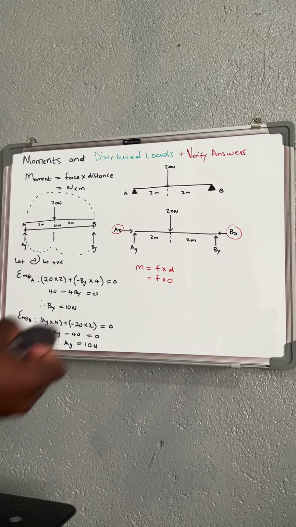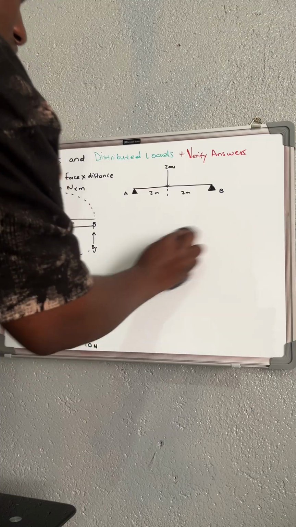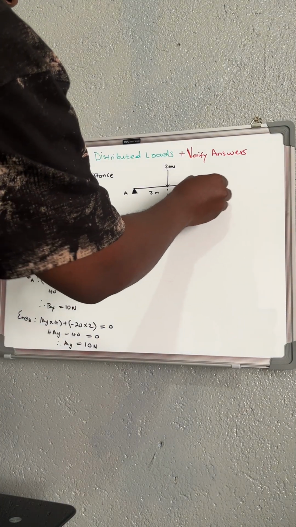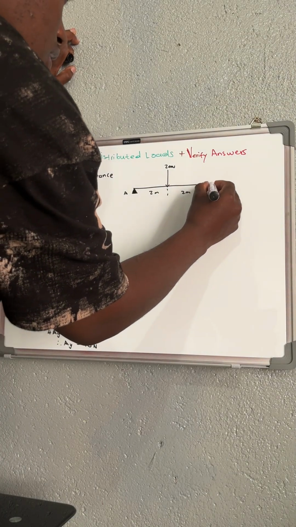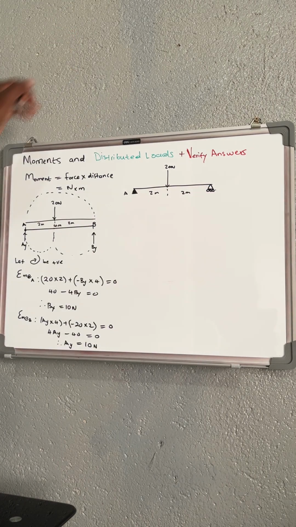So now, okay, let's say they change one part and tell you, okay, here we have a roller, this side we have a pin. What does a roller look like? A roller, you will see it looks kind of like a skateboard like this. So now you have to draw your new free body diagram.